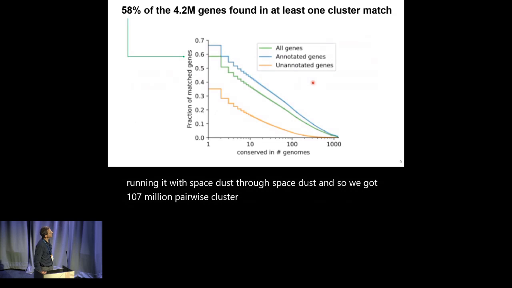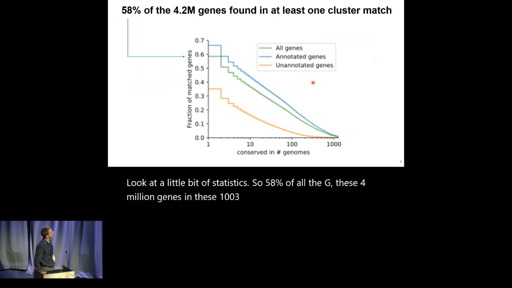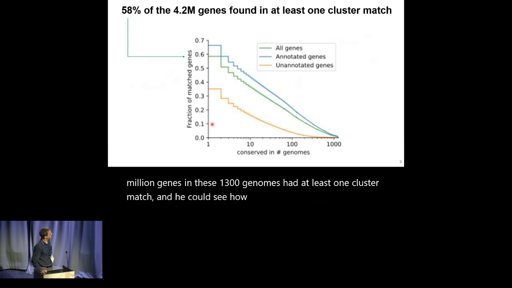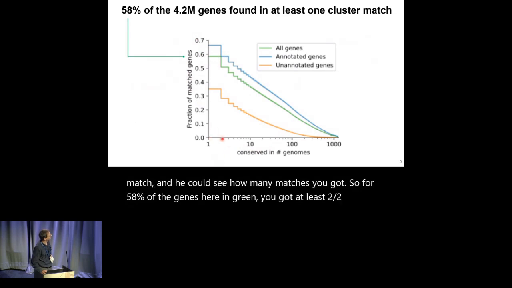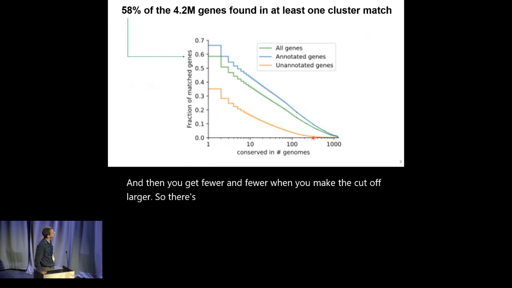Now we can look at a little bit of statistics. 58% of all these 4 million genes in these 1,300 genomes had at least one cluster match, and here you can see how many matches you got. For 58% of the genes here in green, you got at least two matches, and then you get fewer and fewer when you make the cutoff larger.